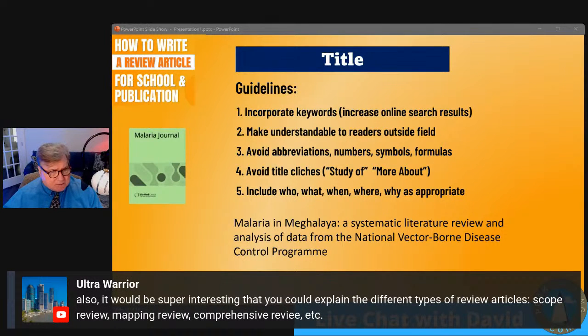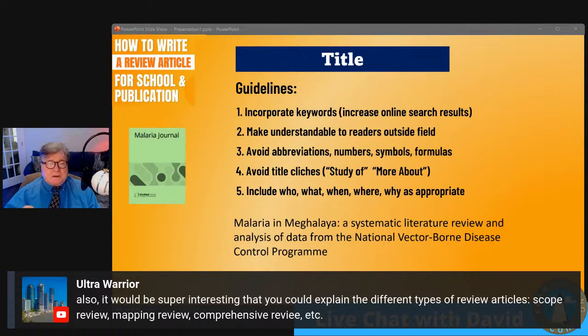And Ultra asks, it would be super interesting to explain the different types of review articles: scope review, mapping review, comprehensive review. There are as many types of review articles as there are journals and authors. There are a bunch of them. I will definitely try to get you the major types.